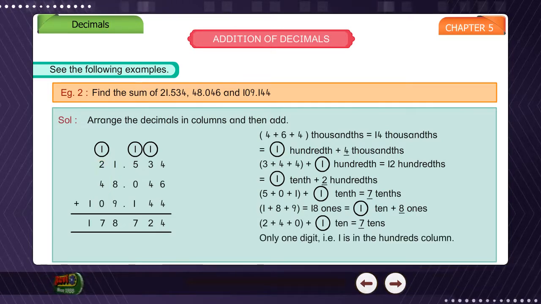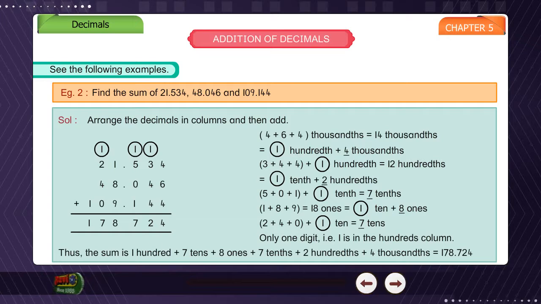Only one digit, that is 1, is in the hundreds column. Thus, the sum is 100 plus 70 plus 8 ones plus 7 tenths plus 2 hundredths plus 4 thousandths is equal to 178.724.